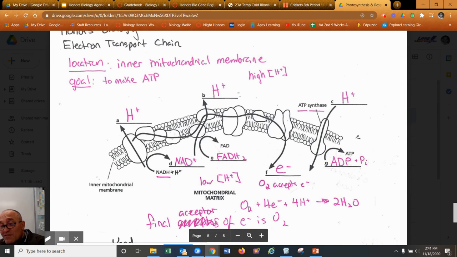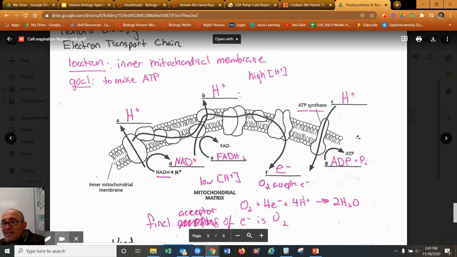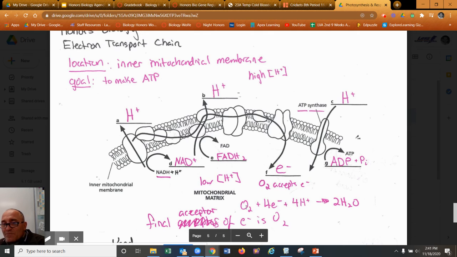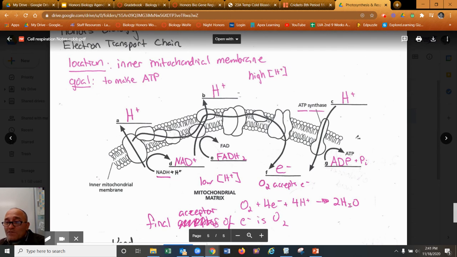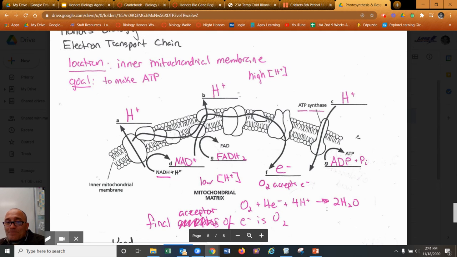So in reality, the oxygen gas we breathe combines with the electrons and the hydrogens that came back inside. So you have oxygen plus 4 electrons plus 4 hydrogens makes a couple water molecules, and that's what we breathe out as a result of cell respiration.